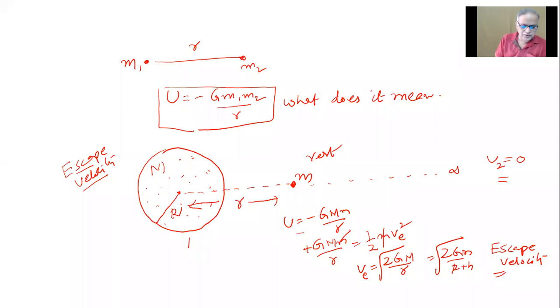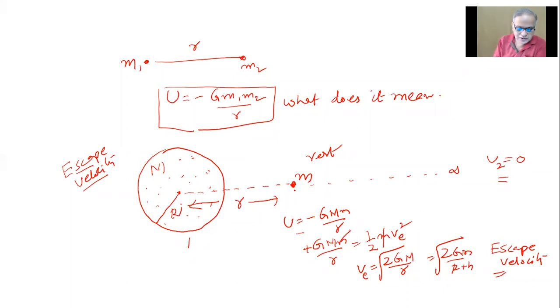I took this escape velocity as an application of this potential energy formula. If a body is at a distance r from the center of the earth, it is supposed to have minus GM by r potential energy. Here I'm saying the body has minus GM by r, though in fact the earth and body system should have that energy.